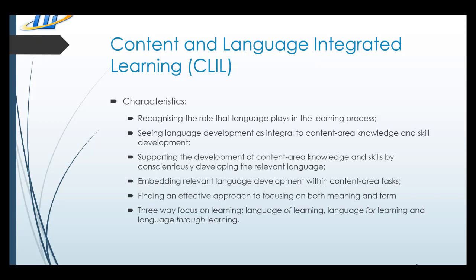Language for learning, so developing language needed to operate in the learning environment, for example, participating in pair work, group projects, tutorials, discussions, and questioning. And finally, language through learning, based on the principles that effective learning involves language and thinking. Learning is clarified, reinforced, and deepened through articulation.